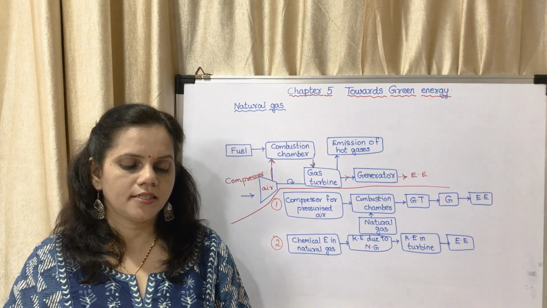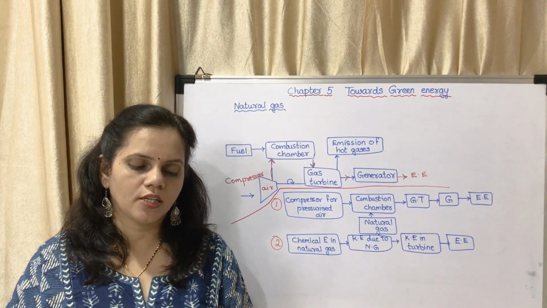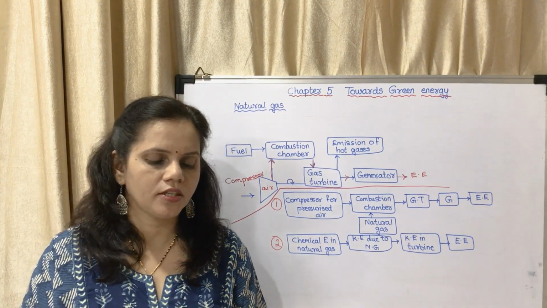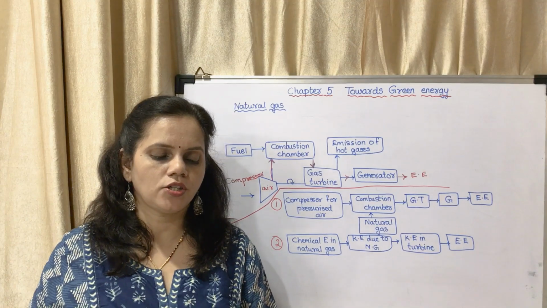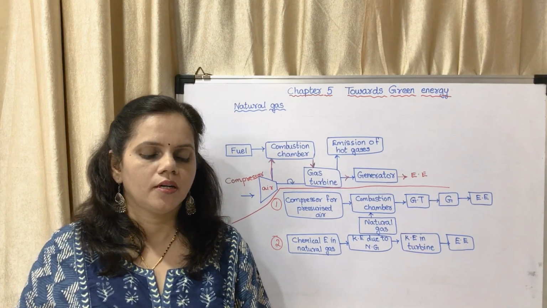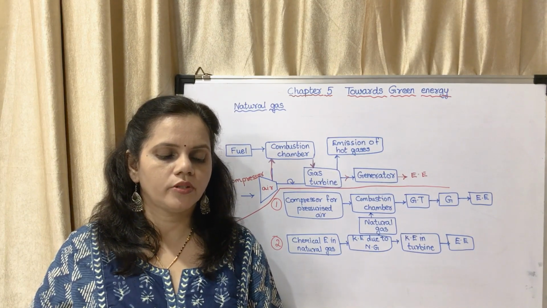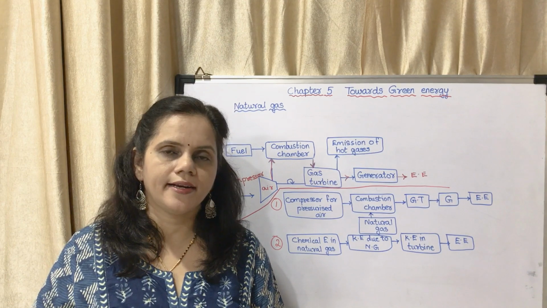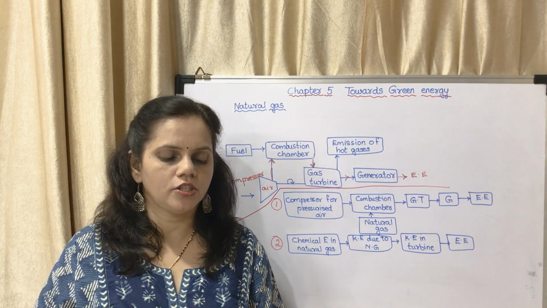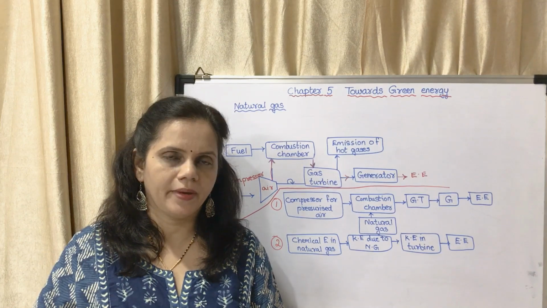Kaiga is in Karnataka, capacity 880 megawatts. I repeat: Kudankulam, Tamil Nadu, 2000 megawatts; Tarapur, Maharashtra, 1400 megawatts; Rawatbhata, Rajasthan, 1180 megawatts; Kaiga in Karnataka, 880 megawatts.